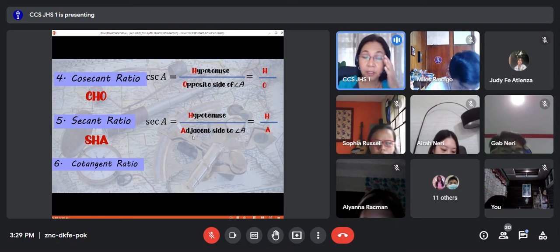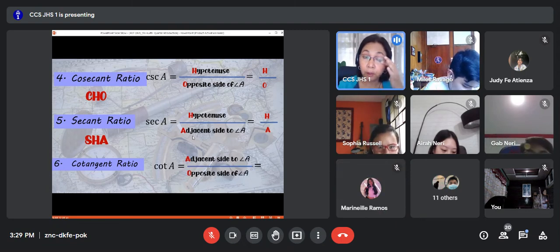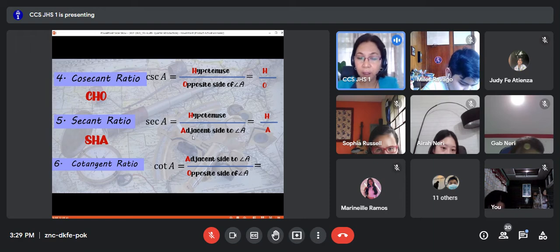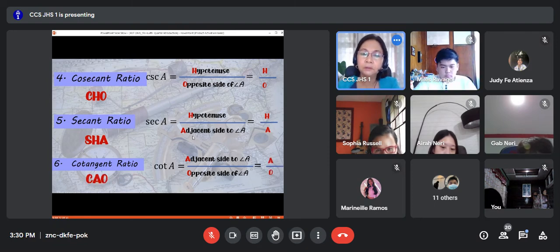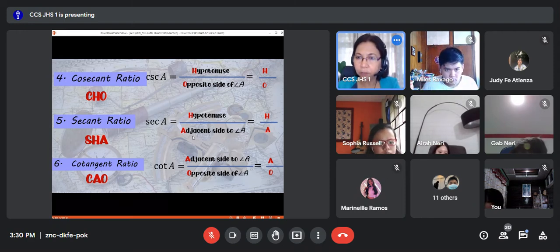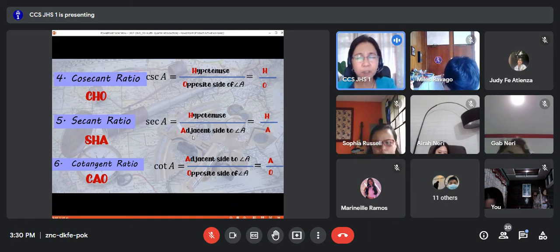And the last is cotangent ratio, denoted by cot A. It is adjacent side to angle A over the opposite side of angle A, or A over O, or CAO. So you have CHO, SHA, CAO for the last three ratios, or they are just the reciprocals of the first three.